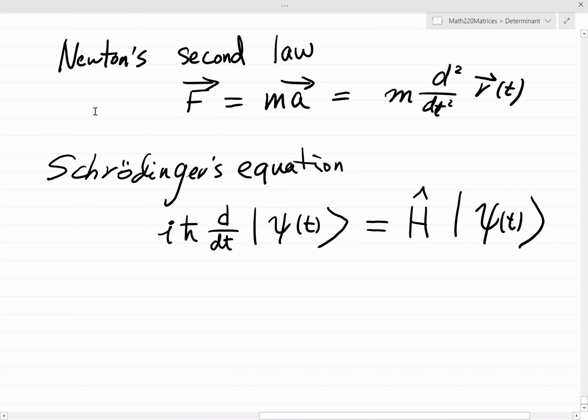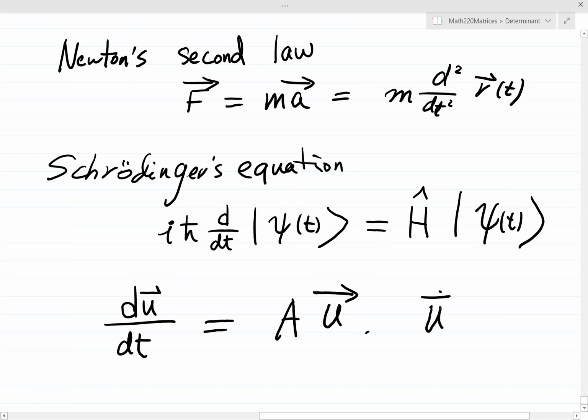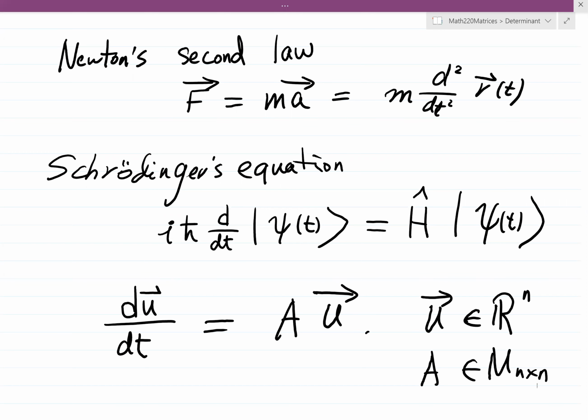It's actually a matrix equation. In this section we talk about matrix differential equations. It looks like this: how a vector u changes, du over dt, is a matrix A times this vector u. Here u is a vector, for instance in Rn, and A is an n by n matrix with real coefficients.